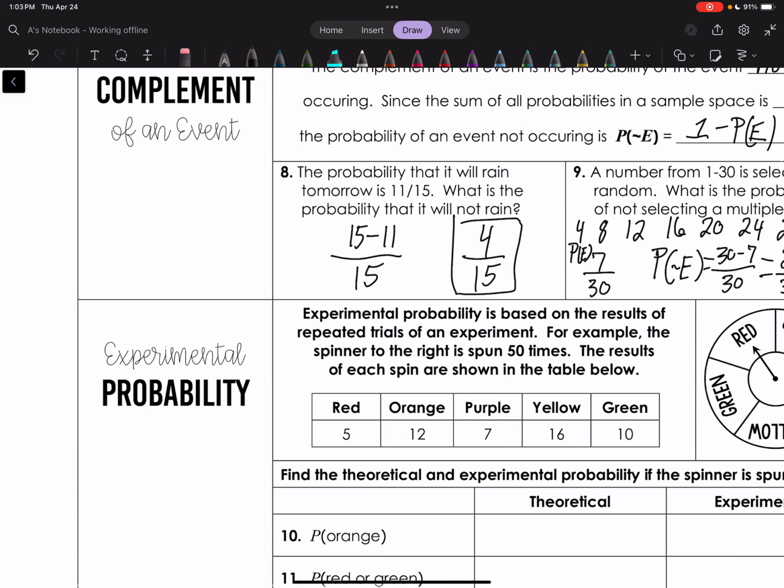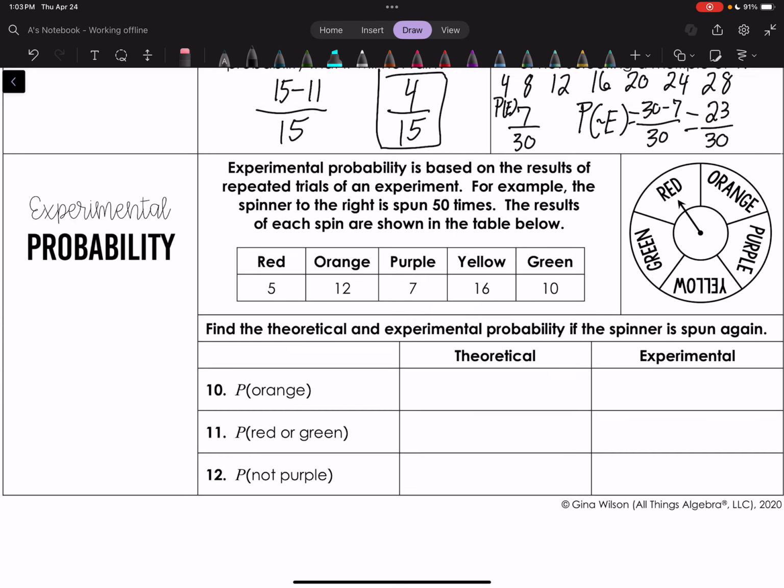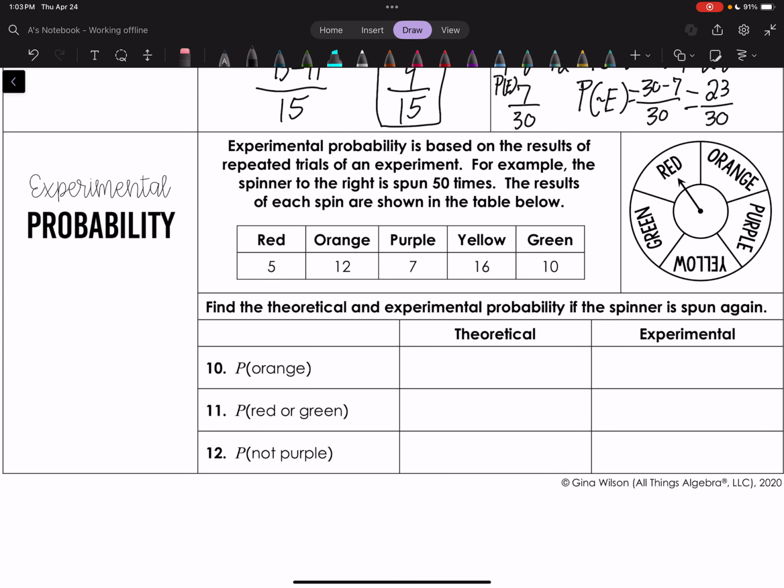All right. We've talked about theoretical probability. We've talked about complement probability. Let's talk about experimental probability. Here's what experimental is. It means I'm taking my theoretical probability, so what the expectation is, and now I'm actually running tests to see if I get it. There is something called the gambler's fallacy.